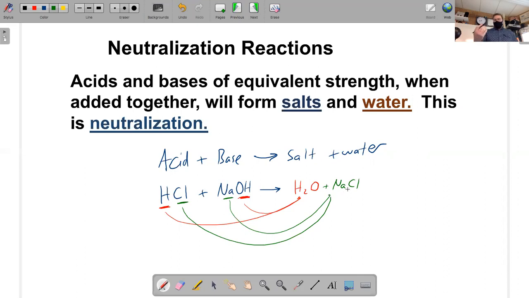Sodium chloride is regular plain old table salt. The hydrochloric acid could have a pH of 1. The base sodium hydroxide could have a pH of 13. And this solution just has a pH of 7.